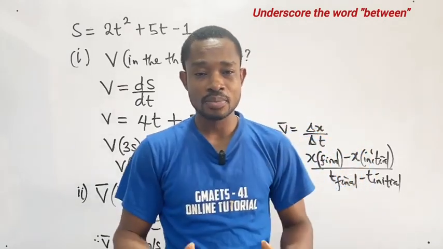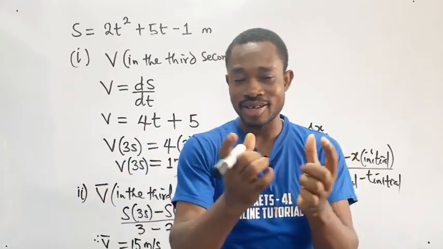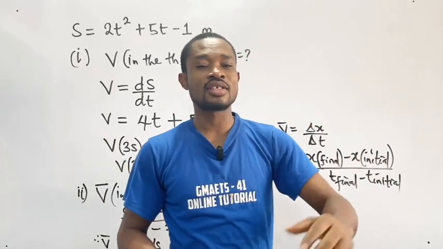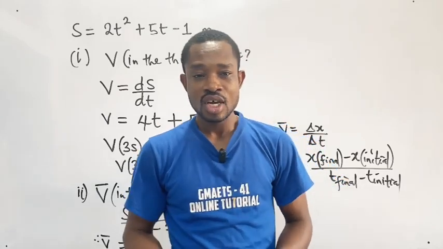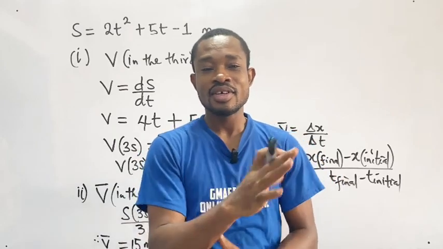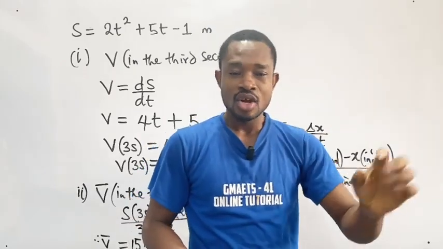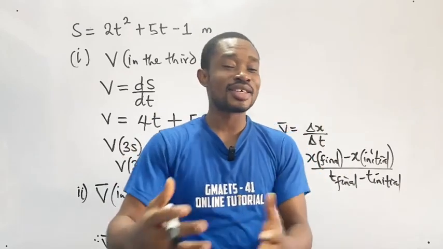15 meters per second. So I hope you're able to understand this concept of velocity when you're asked to look for instantaneous velocity and when you're asked to look for average velocity. Your examiner has the choice to either use the term instantaneous or tell you to find average. In that case, you know exactly what they're asking you to find.